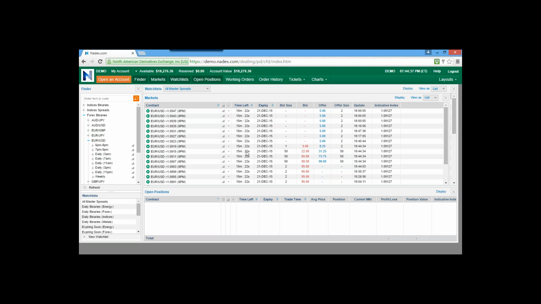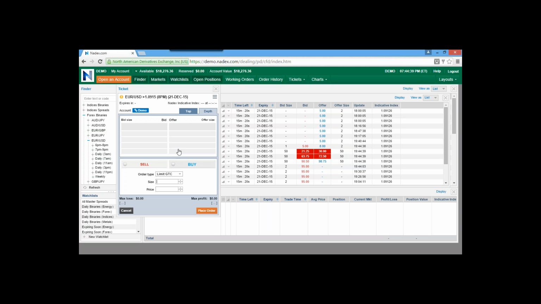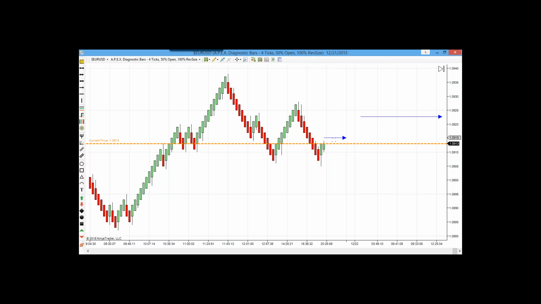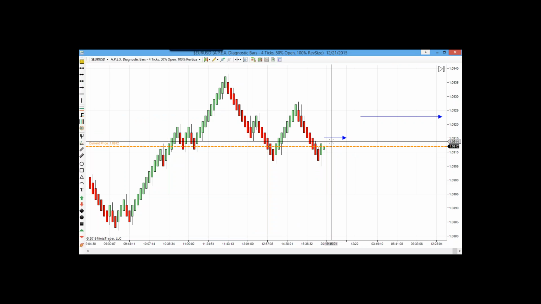Now, another thing. Let's say I was to buy this one right here for 30 bucks, saying that the market will expire above 0915. Well, before expiration, I'm not talking about at expiration. Let's just say I buy this one right here at 0915, and the market starts creeping up. And let's say before expiration, the market gets there, boom, to 0915.